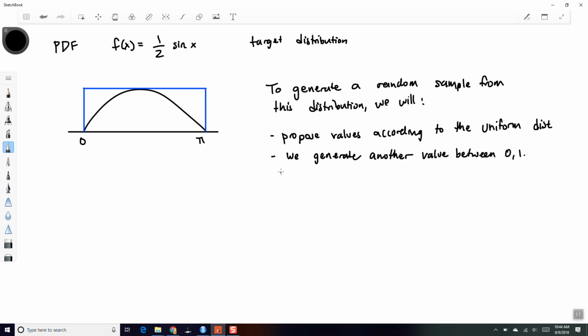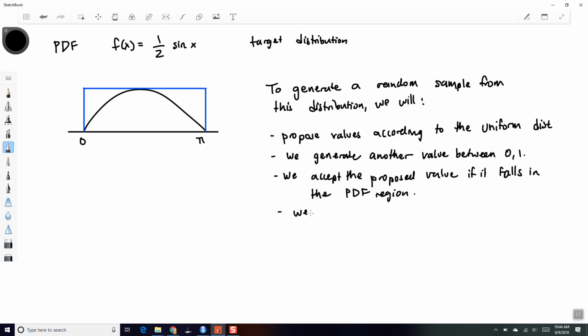Then we accept the proposed value if it falls in the PDF region, and we discard values that do not fall in the region.